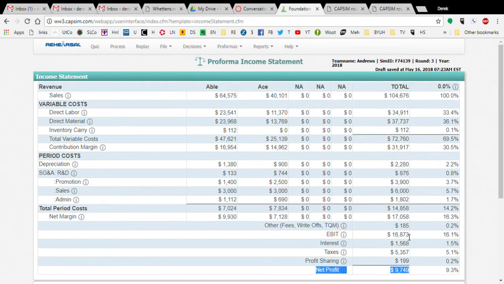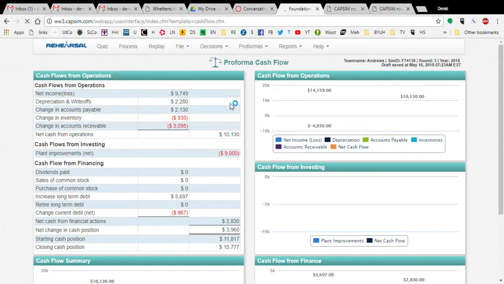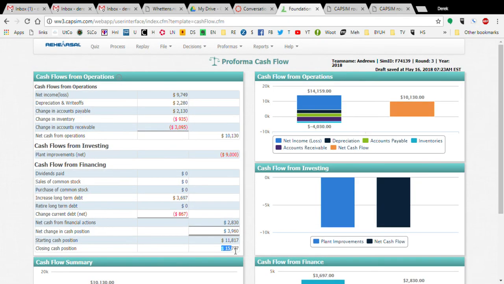That's pretty good. So I'm going to check that. I'm going to go to pro forma cash flow. The biggest one on the cash flow is really the closing cash position down here at the bottom. We've seen that elsewhere, but I am going to check that. And the ratios and balance scorecard, we're not going to work on those for now. Don't worry about those right now.